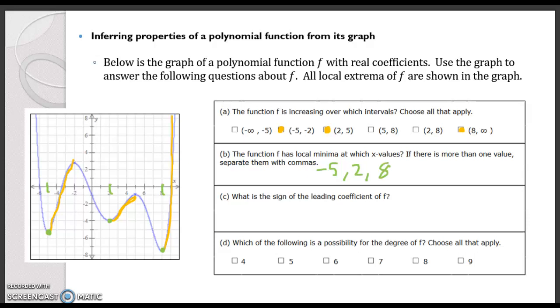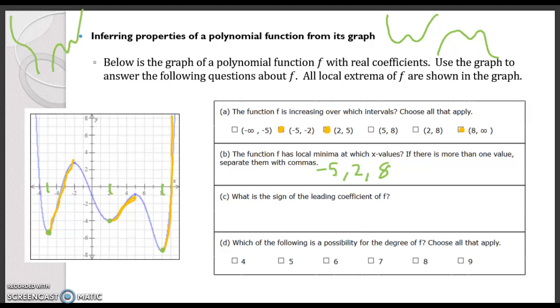What is the sign of the leading coefficient of f? Well, we have a few different shapes, right? We have a possible shape that's going to look like this. It could have more wiggles in the middle. Or like this. It could have more wiggles in the middle. Or we could have this one or this one with some wiggles in the middle, right?